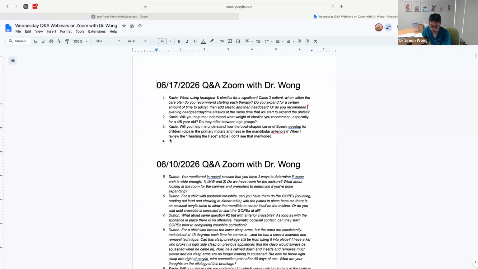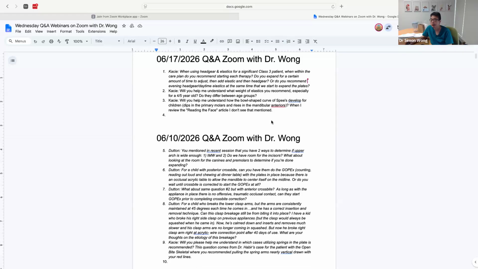Intraoral elastics, you can use the 1/4 inch. You can use 4.5 ounce, 6.5 ounce. It just depends on how big or small the patient is. If you want extra pull, you just shorten the elastics.